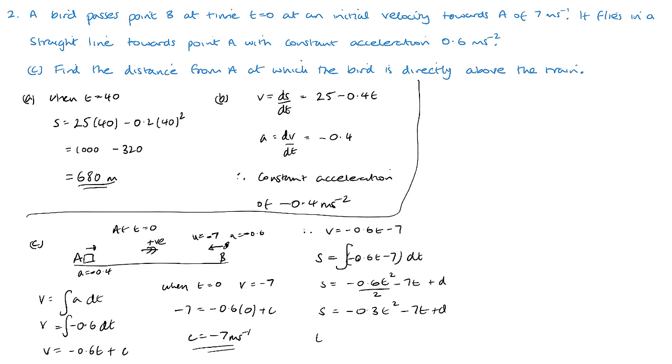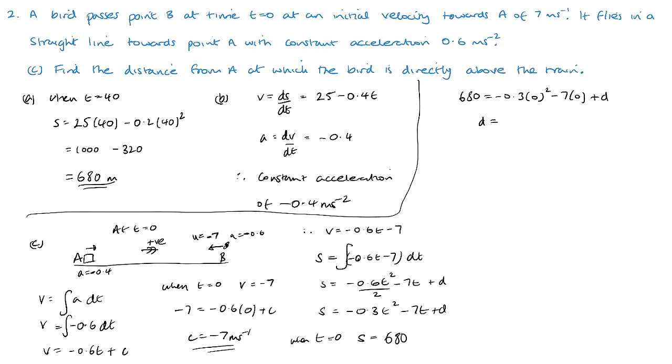Now when t equals 0, s equals, now this is not going to be 0 because it's at B, and all of this is from A, so s here is going to be 680. Basically our answer here to part A. So we've got 680 equals minus 0.3 times 0 squared minus 7 times 0 plus d.